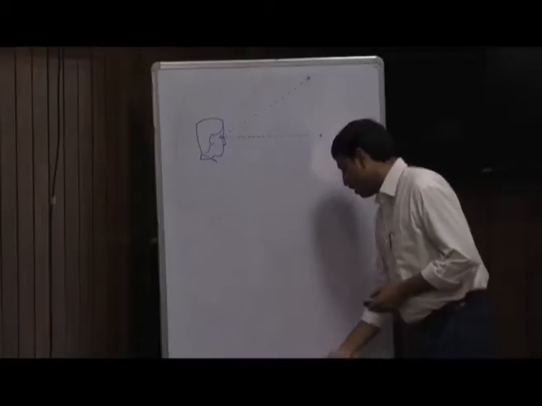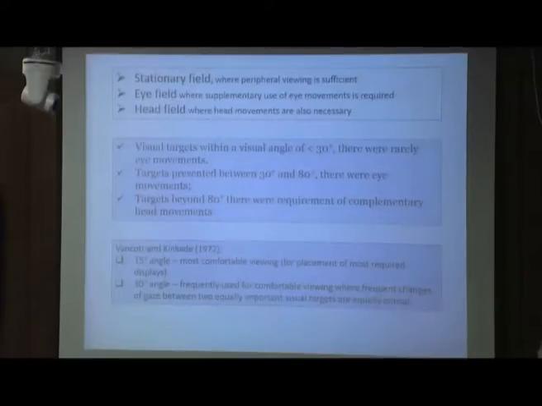Now we are going to discuss the first one, the stationary field, where peripheral viewing is sufficient. In the stationary field, the eye is stationary and the head is also stationary.